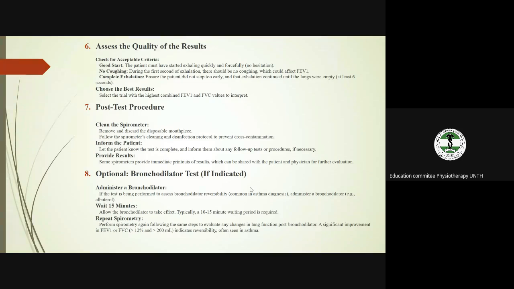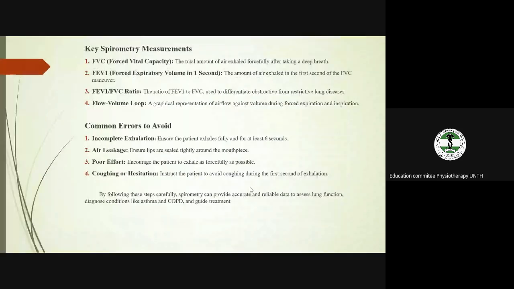After you give the bronchodilator, in the response, if the FVC improves by more than 12% in your calculation, or by more than 200 mils, it indicates that it's reversible. Then you now know that it is an asthma patient. Then key spirometry measurements: FVC, forced vital capacity, the total amount of air you exhale forcefully after taking a deep breath; FEV1, which I have mentioned before.